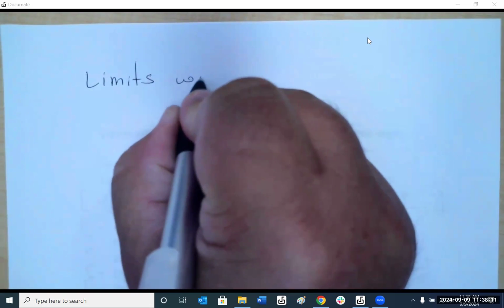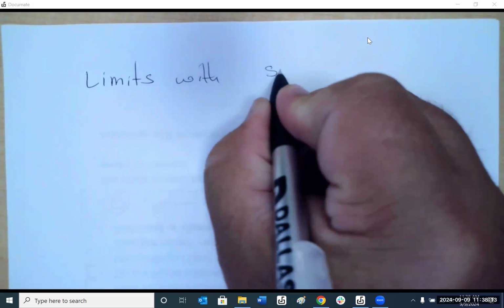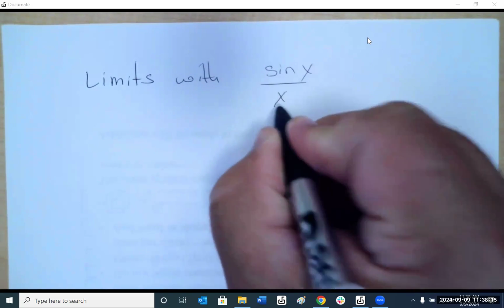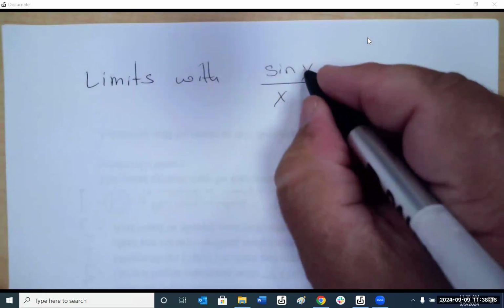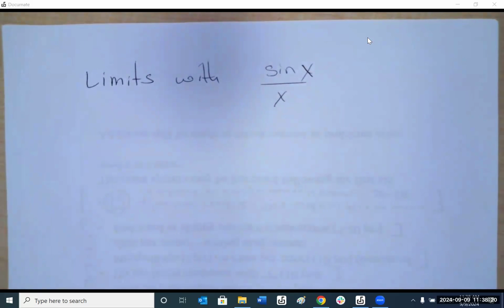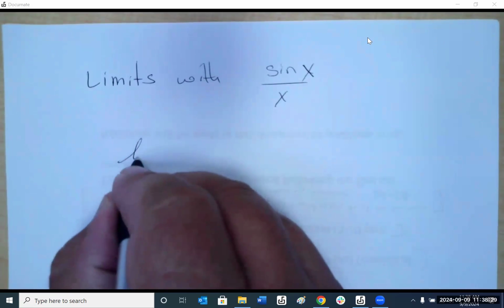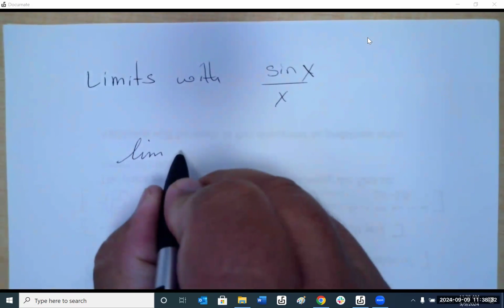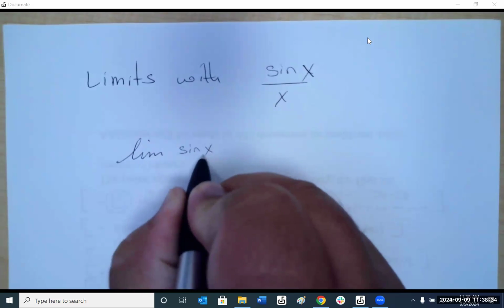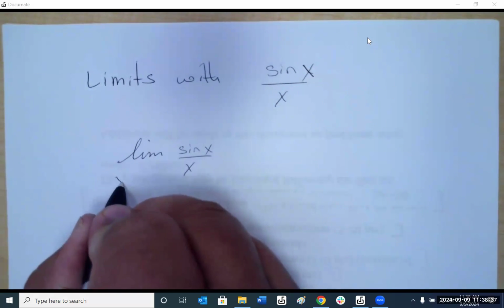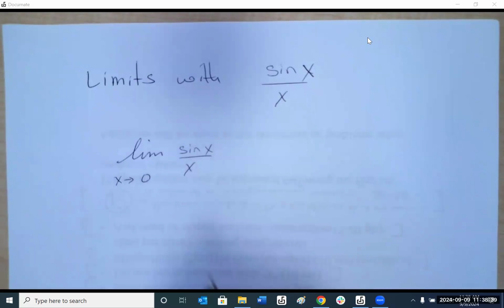Now, limits with sine x over x. This is going to appear with us for the rest of the next 2 or 3 semesters. What we're going to look at here is the limit of sine x over x as x approaches 0.